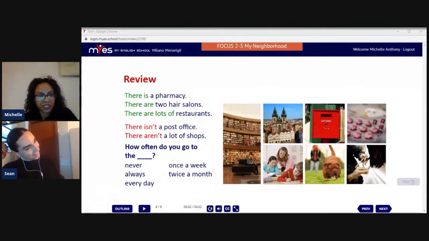I usually go to the post office once a month because I have a post-pay account. Do you have an account with the post office? I do. I have an account with the post office. I have a little bancomat, which we call in English an ATM card.